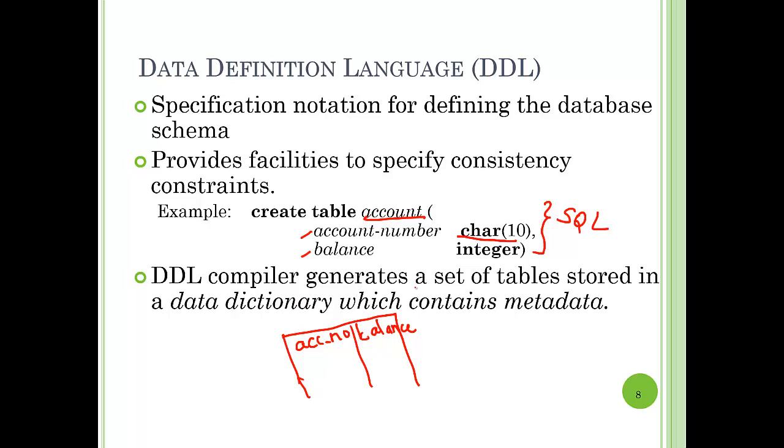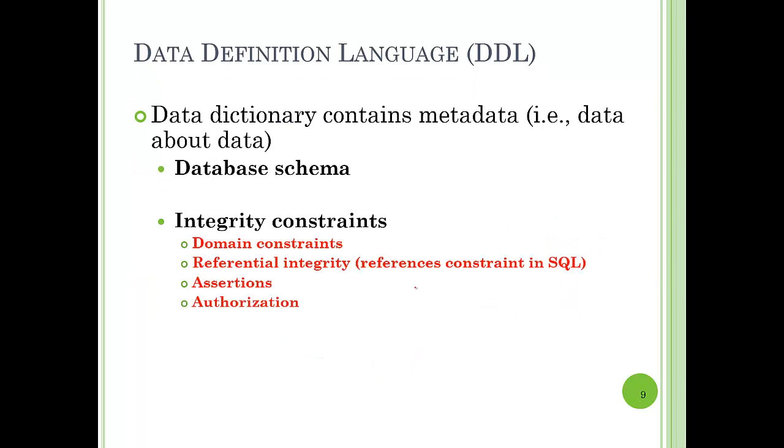DDL compiler generates a set of tables stored in the data dictionary, which contains metadata. Here the data dictionary contains metadata, that is, data about data. Data definition language not only defines the database schema but also the integrity constraints.